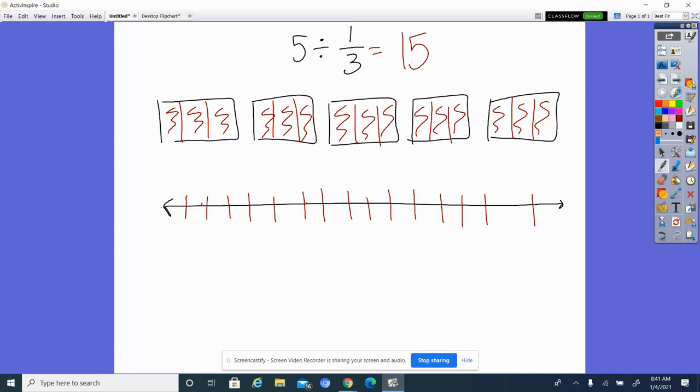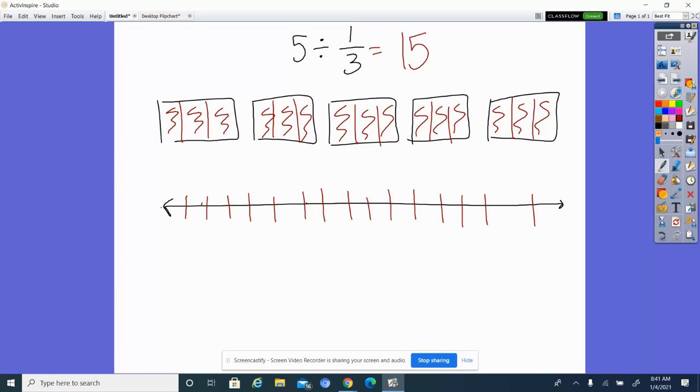You get a whole number. If you can understand those two concepts, you'll be able to better help yourselves when you think, ooh, what's the answer to this? You'll already know, hey, I'm dividing a fraction by a whole number, I know I'm going to have a fraction. Hey, I'm dividing a whole number by a fraction, I'm going to end up with a whole number. Okay? All right, turn the page.